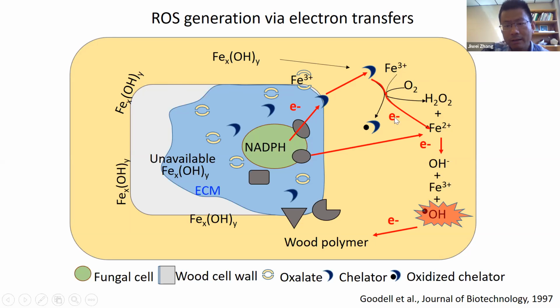These metabolites can also send electrons to oxygen to produce hydrogen peroxide, so they have the other reactant for the Fenton reaction.